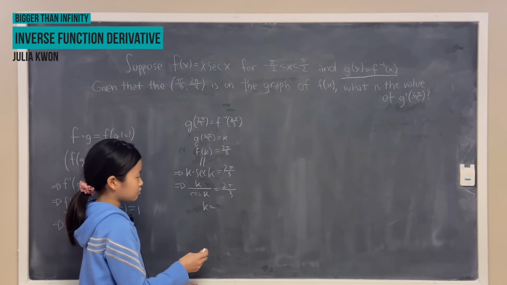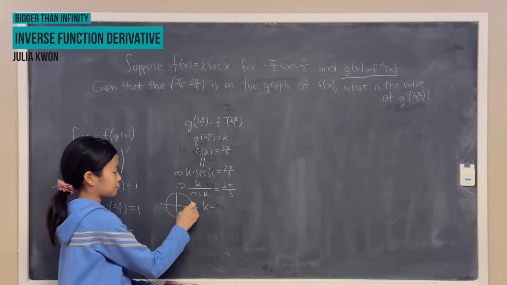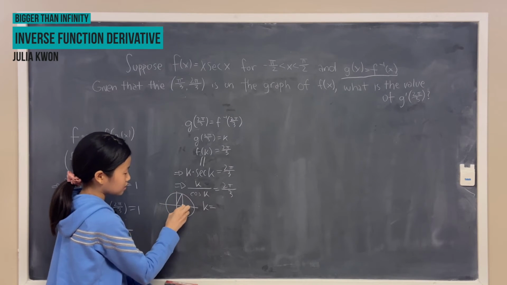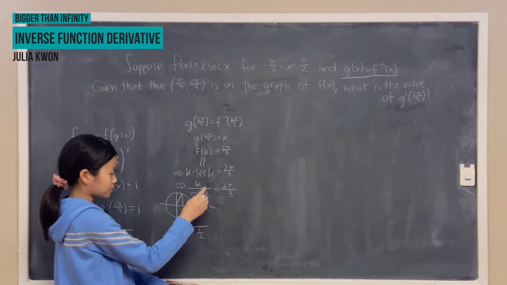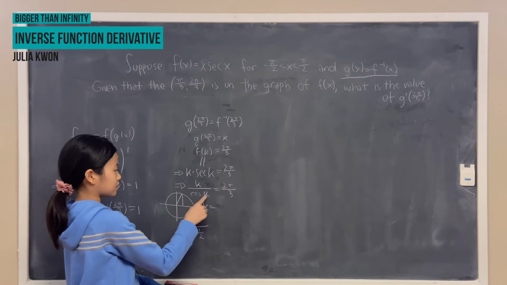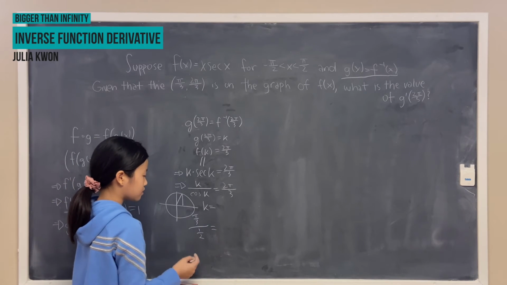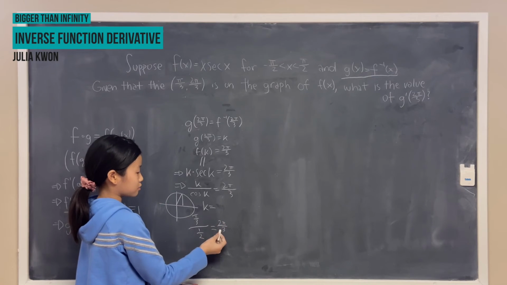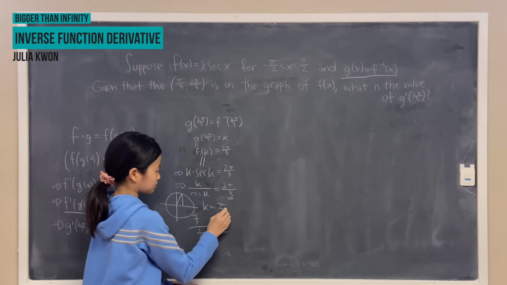So let's try pi over 3. I know that cosine pi over 3 is equal to 1/2. So the bottom is 1/2, and the top will be equal to pi over 3 if we put in k equals pi over 3. Then we can simplify this into 2 pi over 3, which is what we're trying to get. So k is equal to pi over 3.